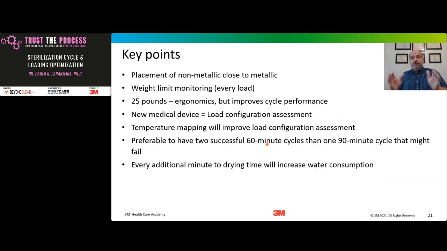But those 2 60 minutes that I'm sure are going to be perfect cycles, I'd rather have 2 perfect ones than one that might fail. Because if it fails, I have to reprocess everything again, right? And don't forget, every additional minute to the drying time will increase your water consumption, and it's a scarce natural resource that we have today, and we have to be mindful, right?